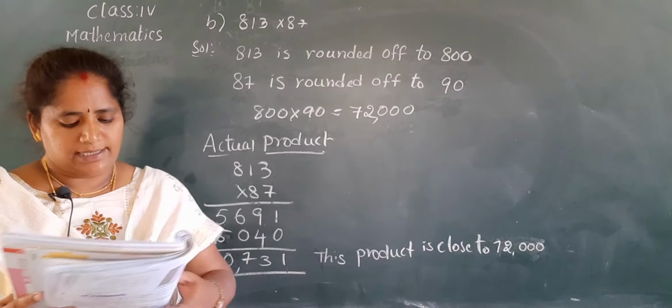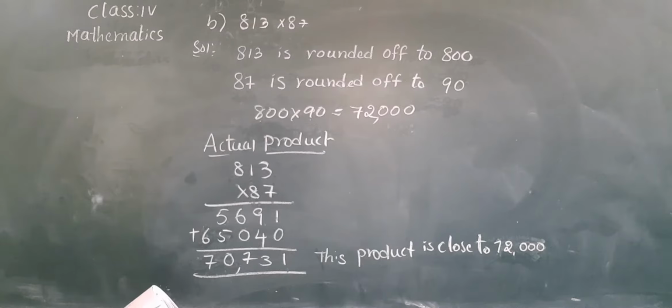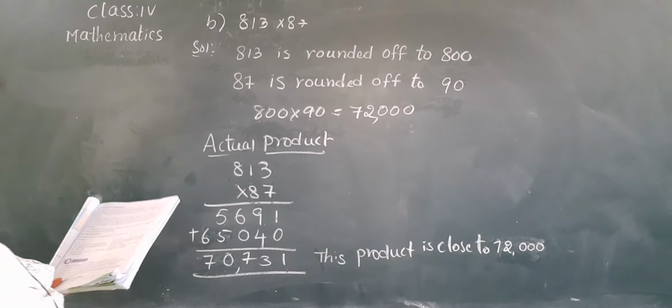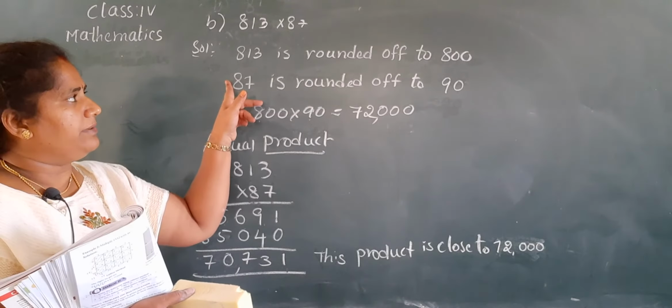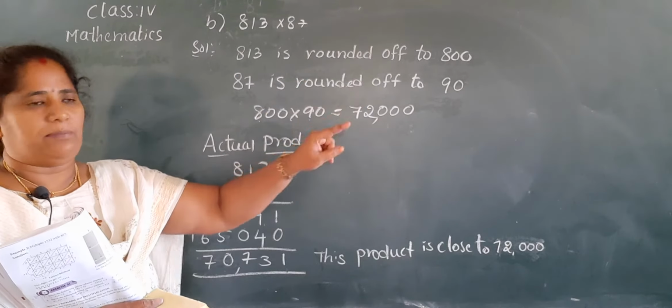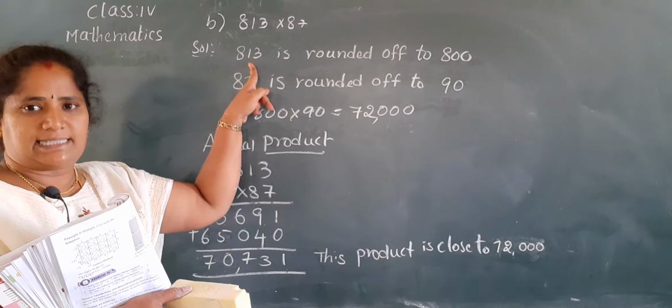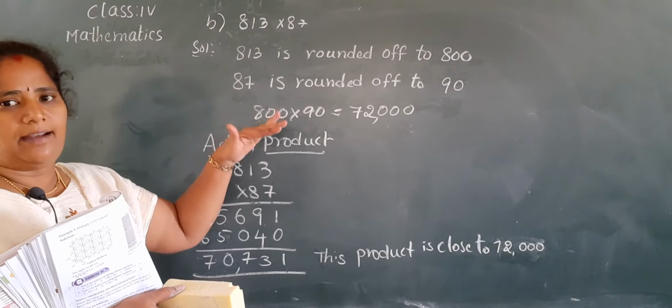Exercise 3D, solve the following word problems. Is it clear to you, children? Just estimate the numbers and find the product. 813 is rounded off to 800. Why? Because the digit in the tens place is less than 5, so it is rounded to the lesser multiple of 100, that means 800 only.